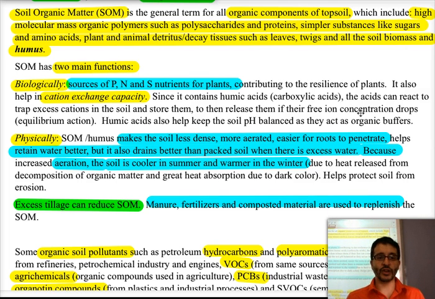So actually it's very good. In addition, because it has more air, it allows the soil to be cooler in the summer, but the trapped air and the dark color of the soil will trap some more of the heat in the winter, and so keep the roots from freezing too much. So it does help with that as well.